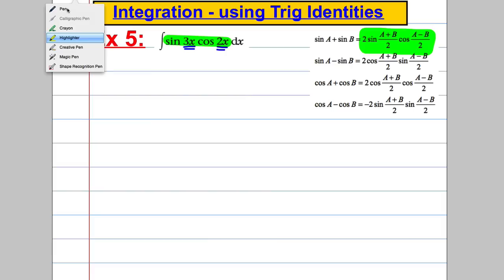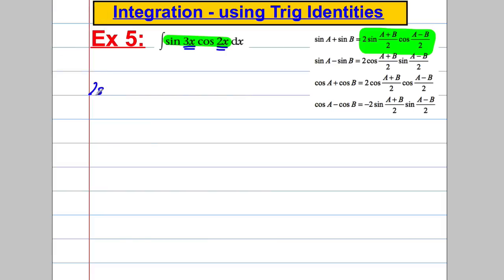So we want to use the identity that 2 sine of (a plus b) over 2 cosine of (a subtract b) over 2 is equal to sine of a plus sine of b. Now, can you think of what the a and the b have to be here in order to get 3x?